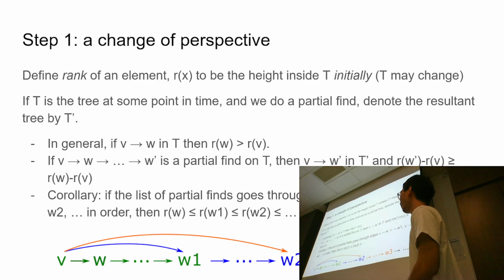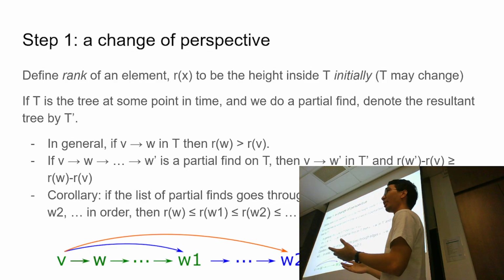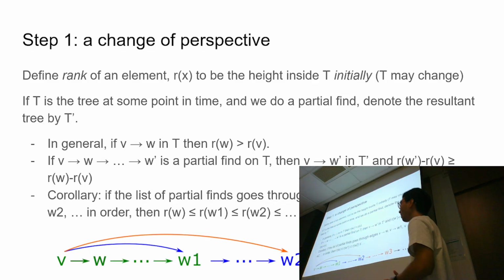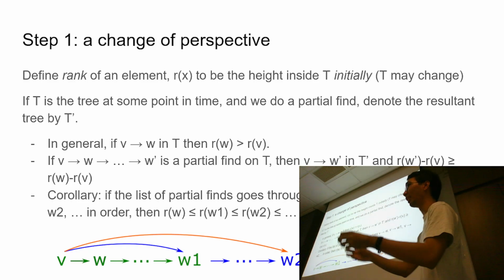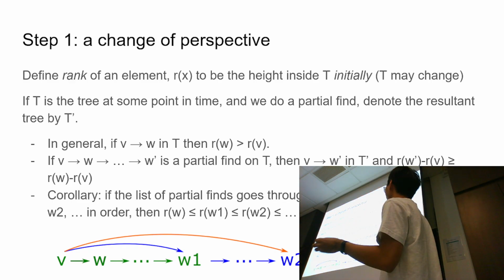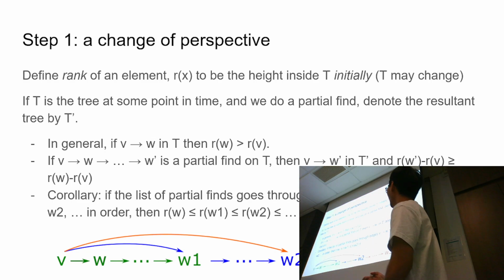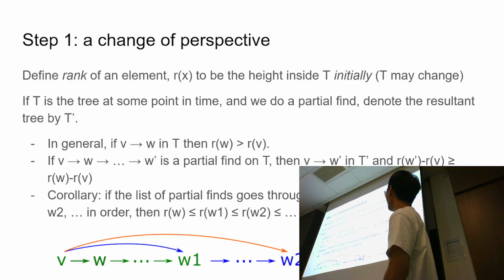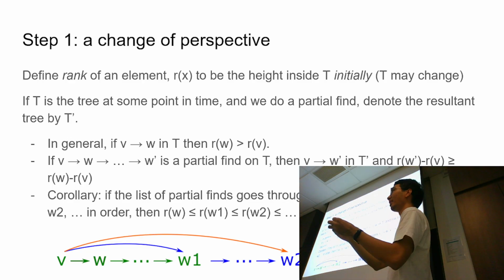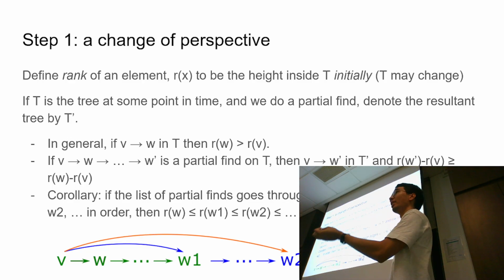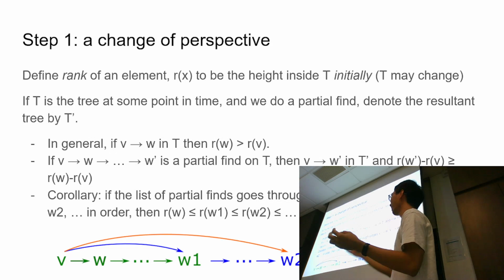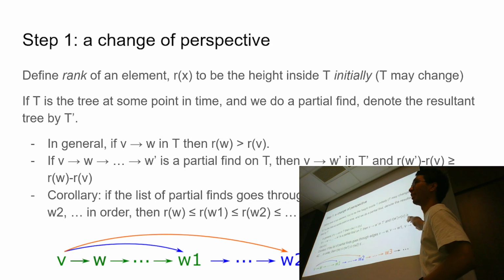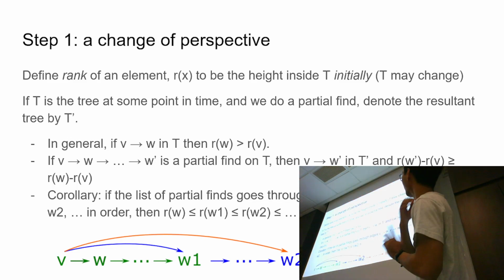For example, if V to W is an edge, at any point in time, the rank of W must be greater than the rank of V. And if you have a sequence of edges constituting a partial find, where V is the start point and W prime is the end point, then because W is initially V's parent, but after the partial find the new parent is W prime, the difference in rank forms a non-decreasing sequence.